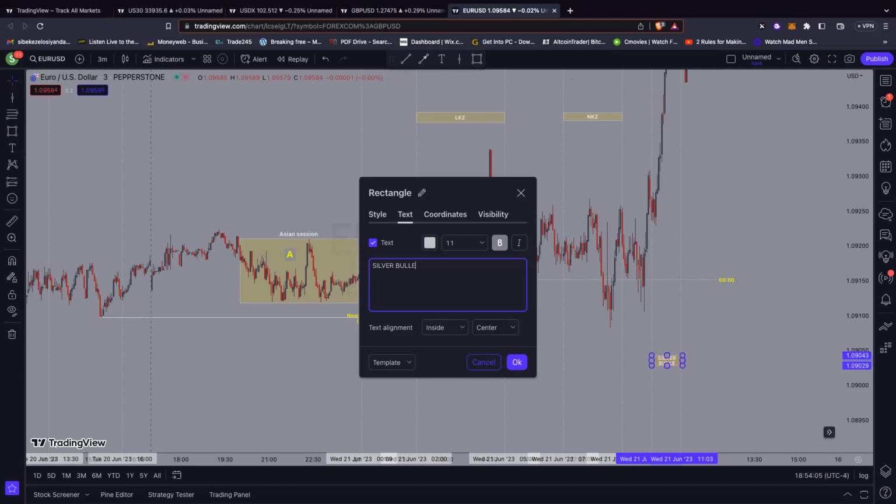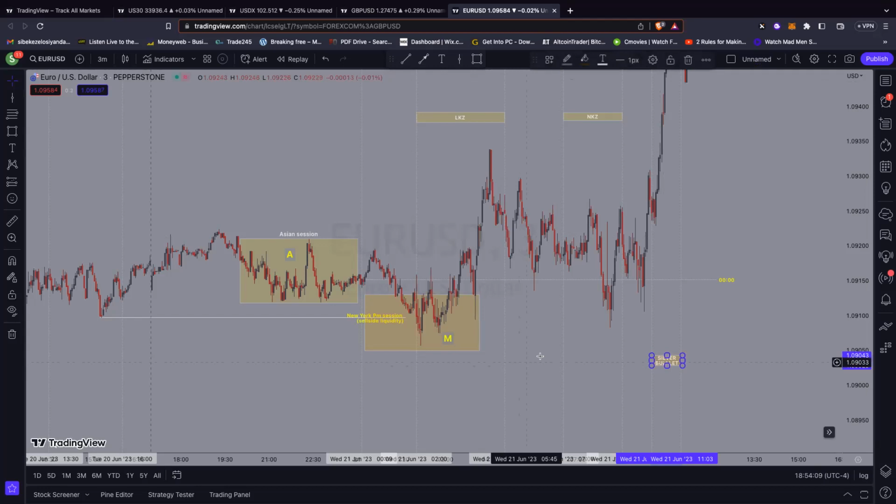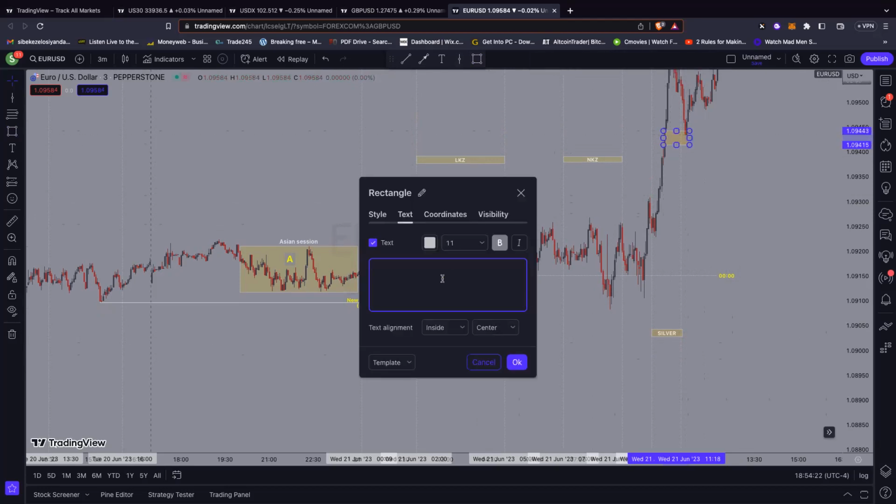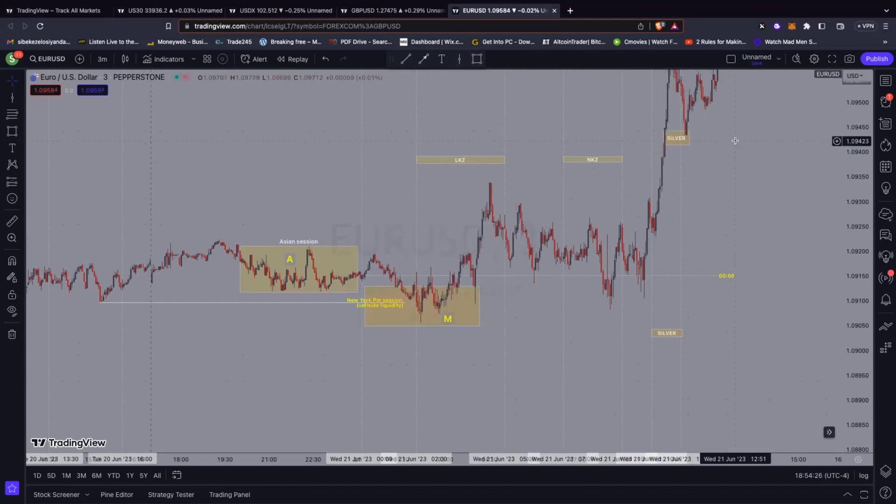So if you saw me taking a trade at this time, you must know that that's a silver bullet. Understand? And silver bullet is like a fair value gap entry like this here for continuation. Silver bullet entry. That's the entry.